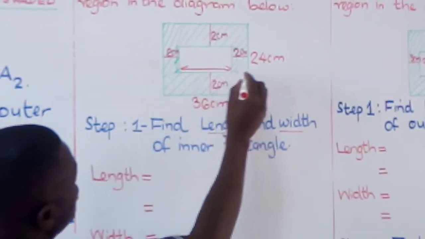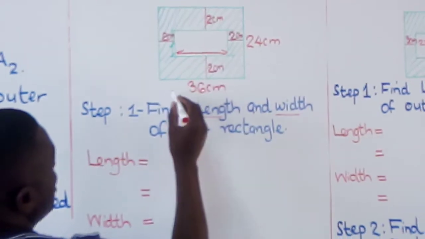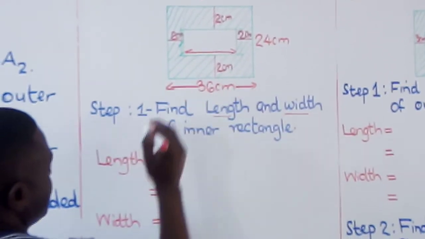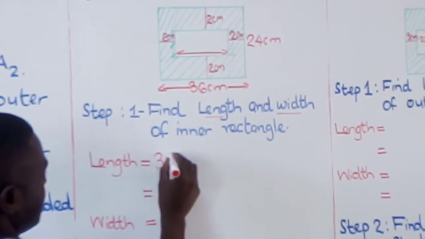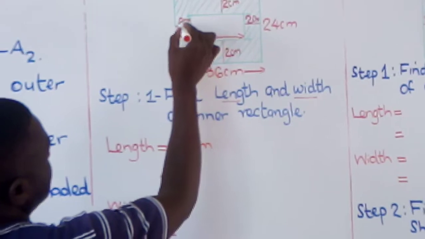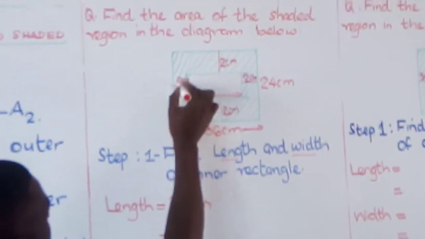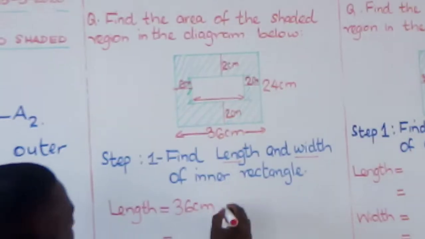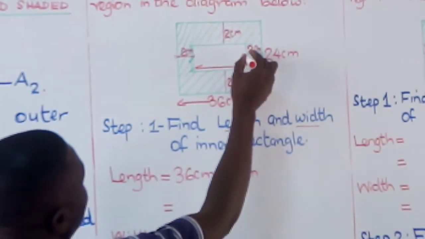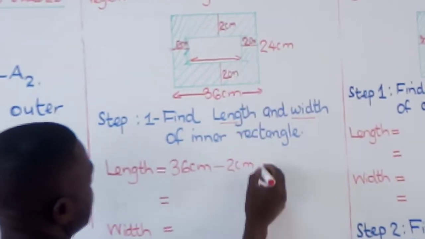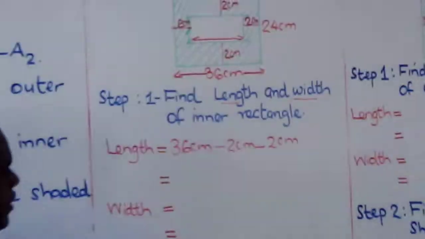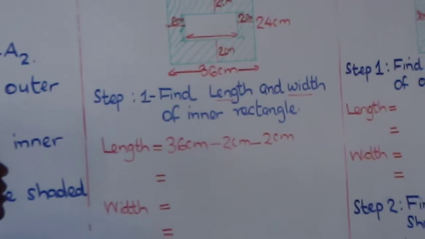Remember, it's horizontal. We look at the length of the outer, which is 36 centimeters. We subtract this 2 centimeters, this margin here, and this other side, 2 centimeters. Can you imagine that? Yes?